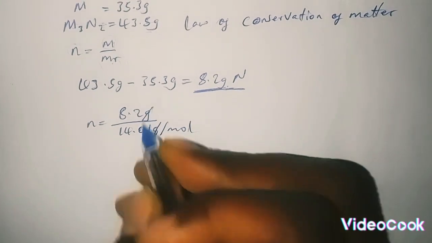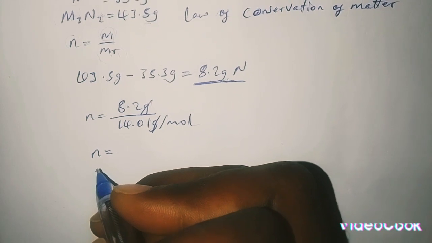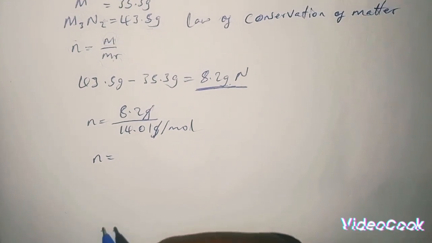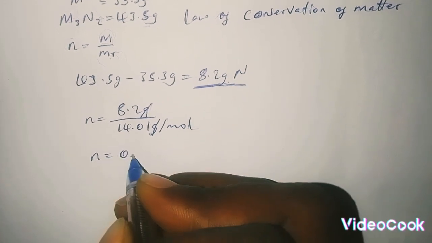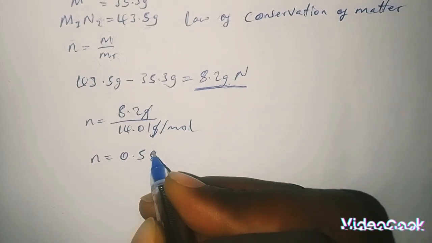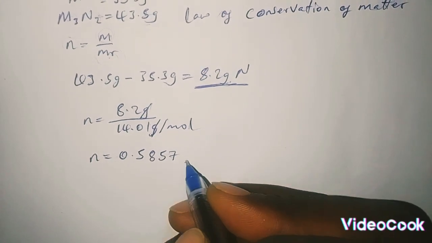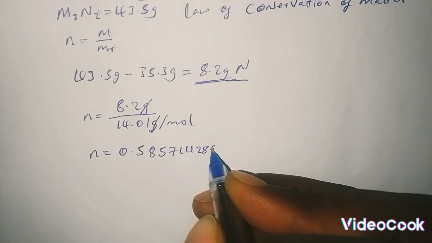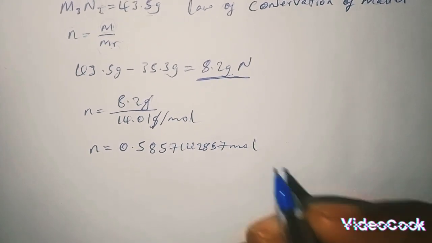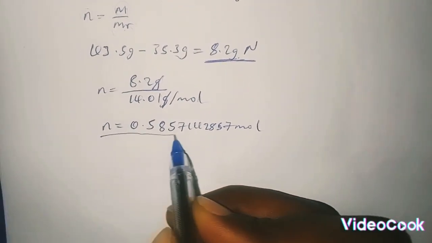So this gram and this gram will cancel, and we will remain with the number of moles, which is giving us 0.5857142857 moles.